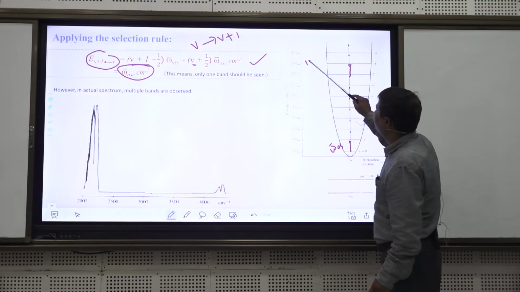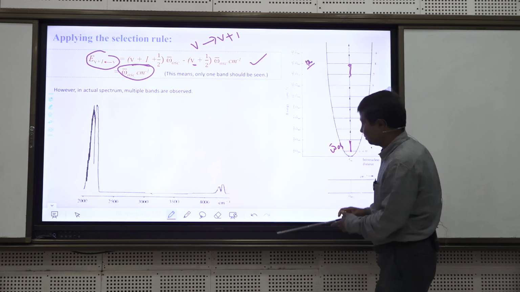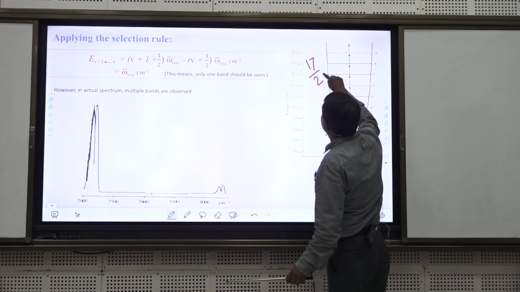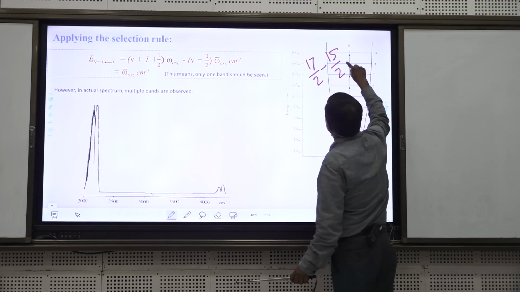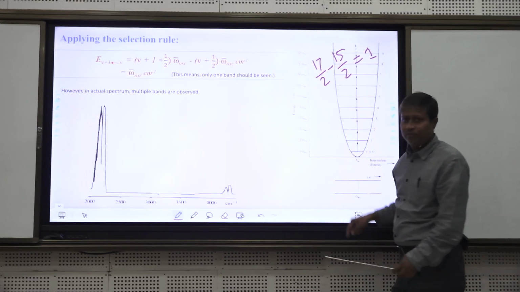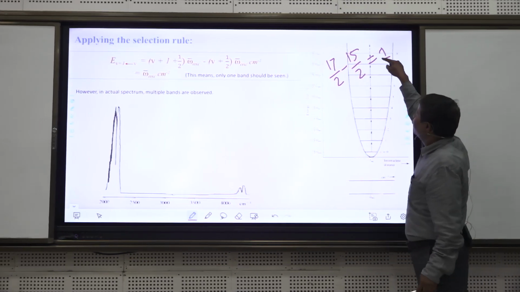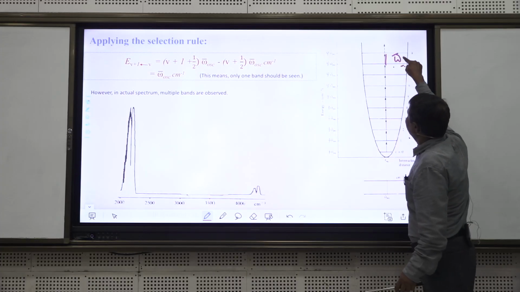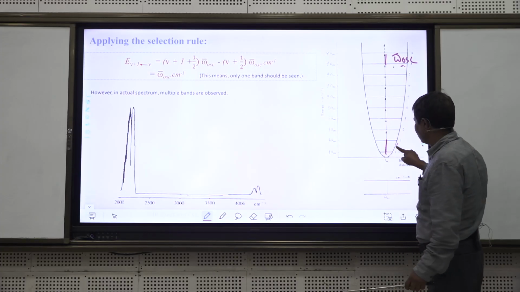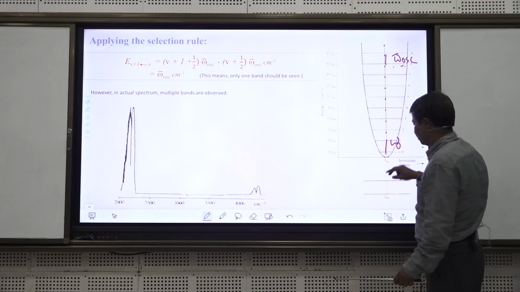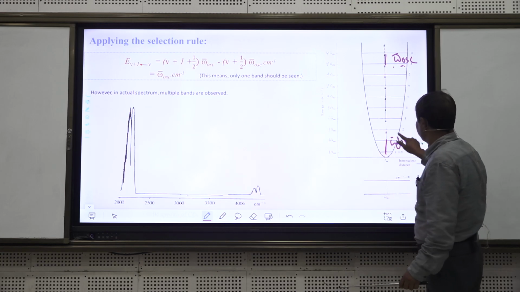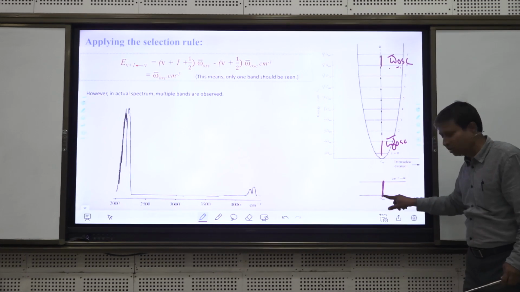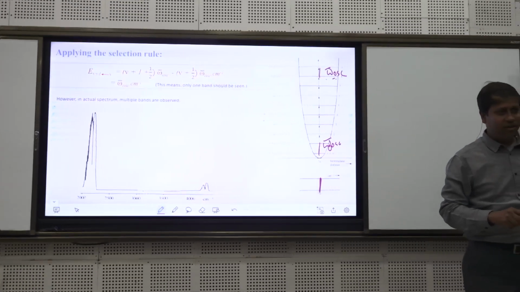This is 17 by... is 1. So everything is giving the same position. Every band is coming in the same position.